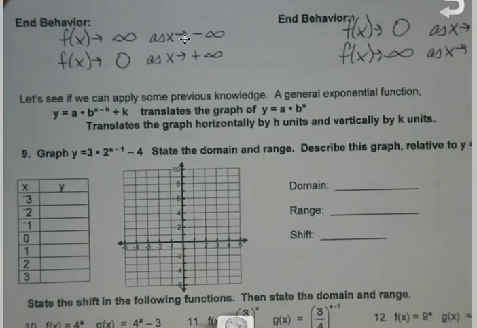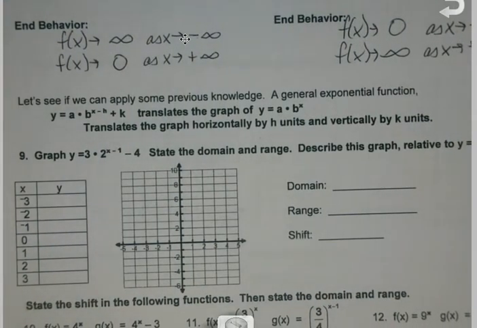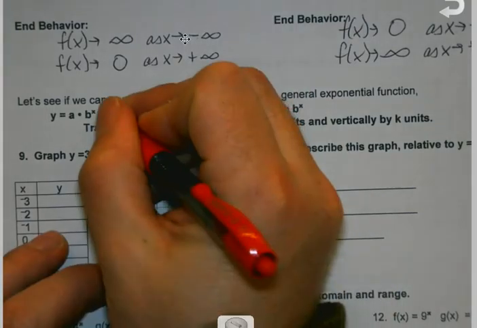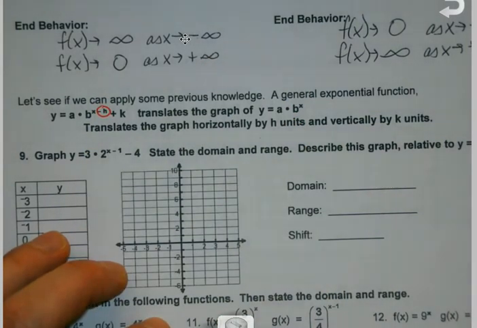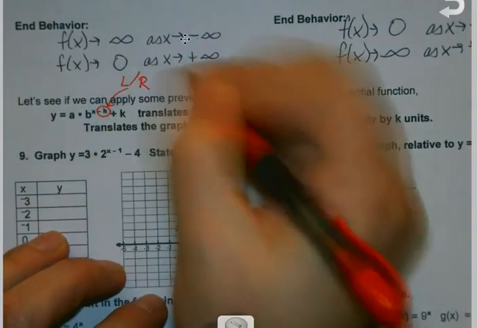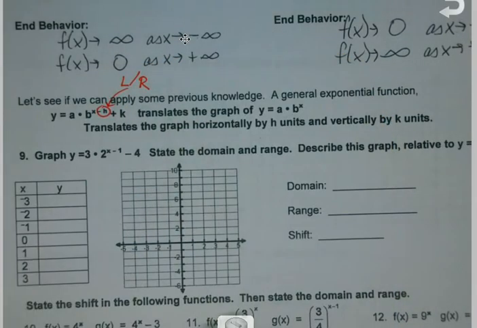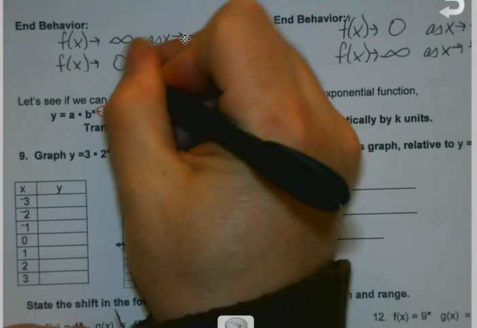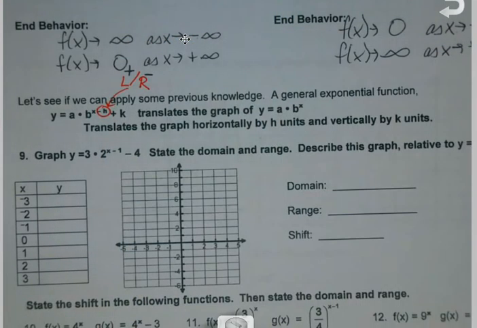So here's how the application works when we're doing it with these guys. The exponent, if there's a plus or minus shift there, that's going to be my left or right shift. And again, as usual, it's the opposite of what you would think.